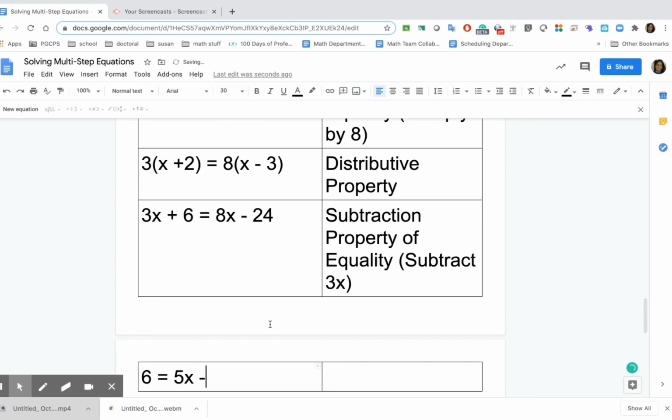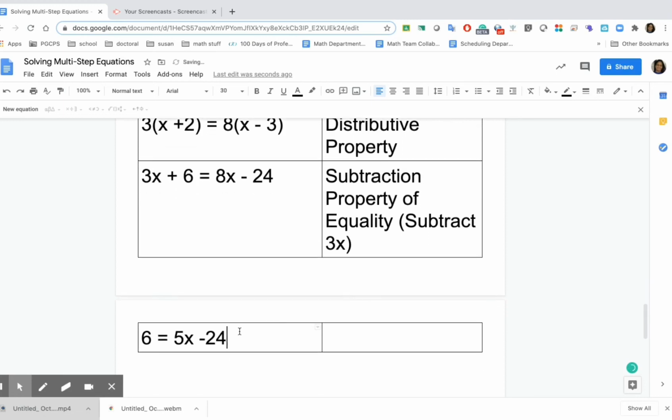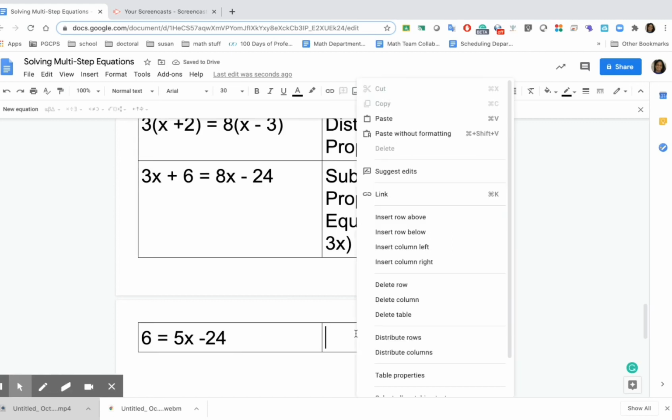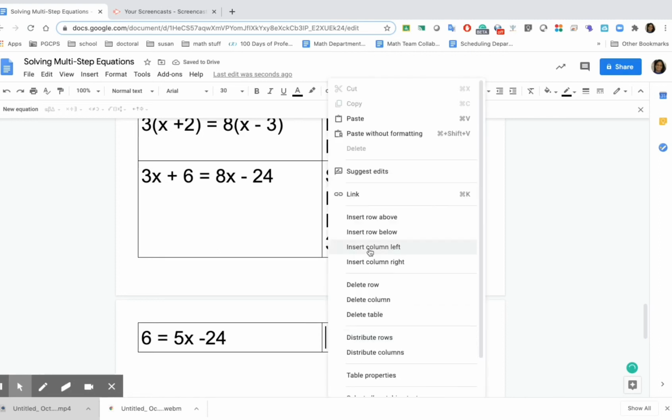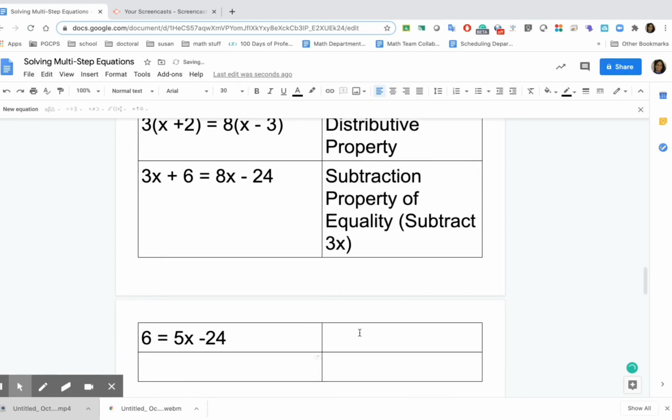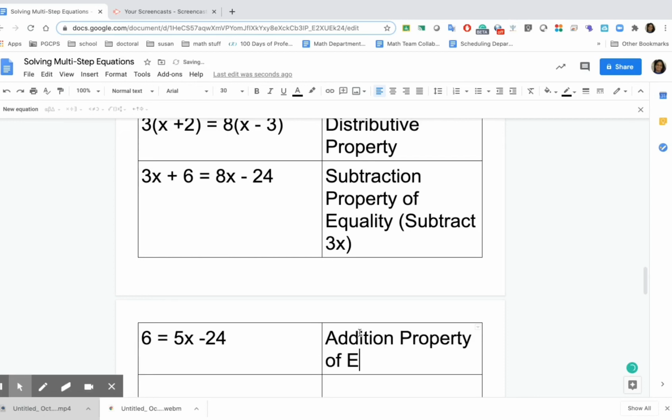Now I still have a constant on the right side, so I can move the negative 24 to the left side using the addition property of equality. So I'll insert a row below. So again, using the addition property of equality, add 24.